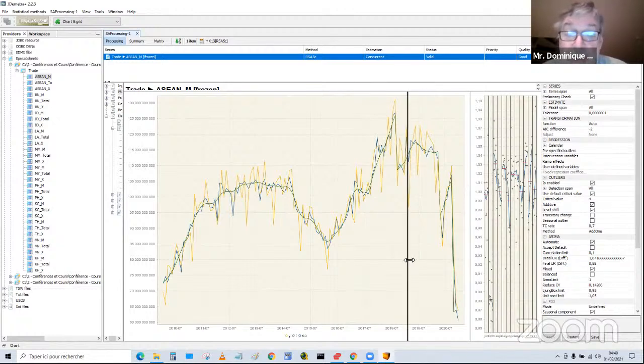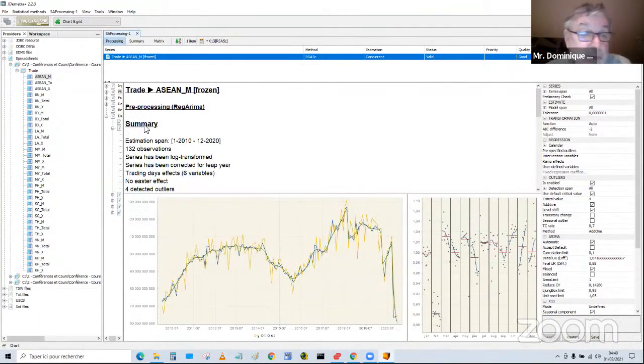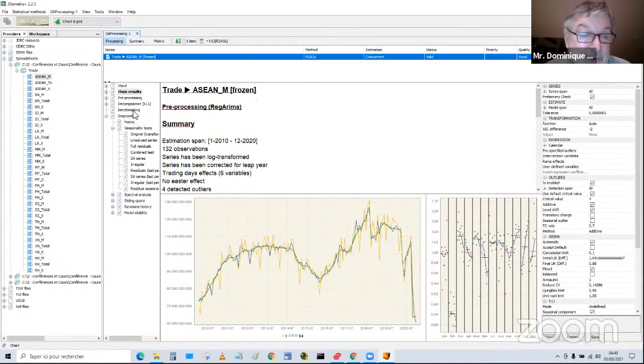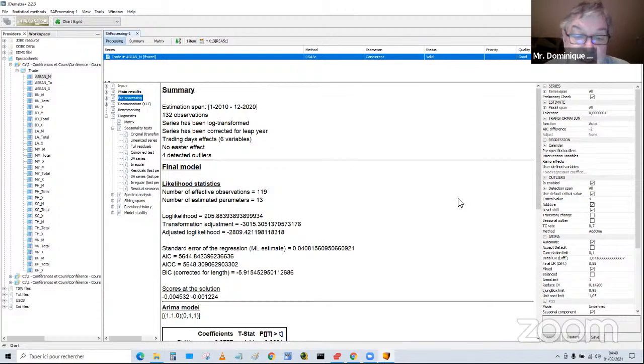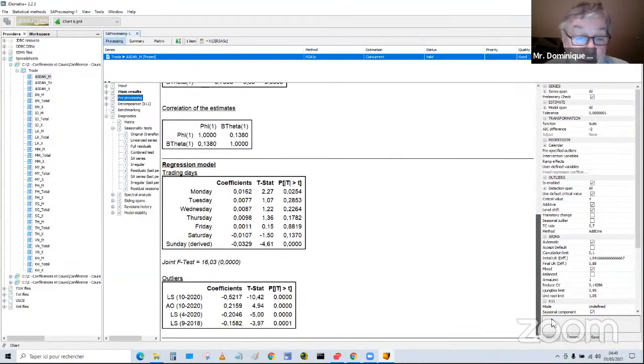Okay, so we saw that, sorry, I'm changing everything. If I go to the pre-processing, we saw that we do have a clear trading day effect. By the way, if I remove the transitory changes, you see that now Monday is a bit positive.